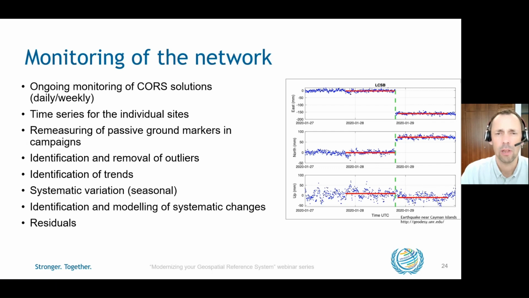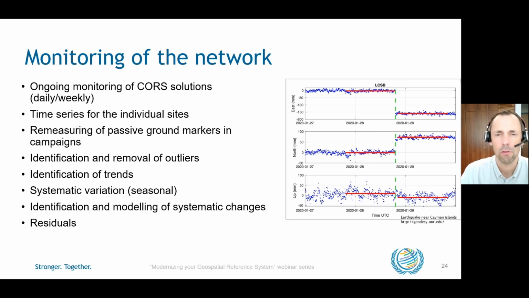An example of a time series for one GNSS site you can see in the picture on the right, where the three components of the position are displayed: the east, north, and up component. The blue dots in the graphs represent the continuous observations for the individual components over time. You can see the values vary slightly. The green dashed line then marks an earthquake event that caused a visible displacement of the station.